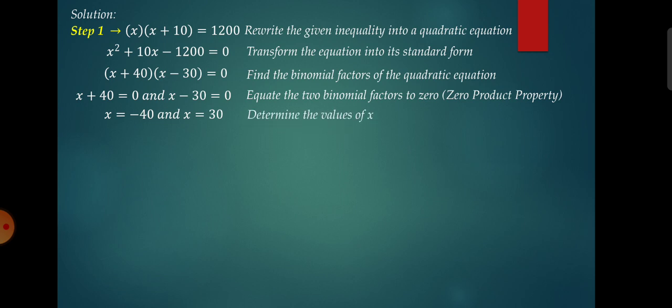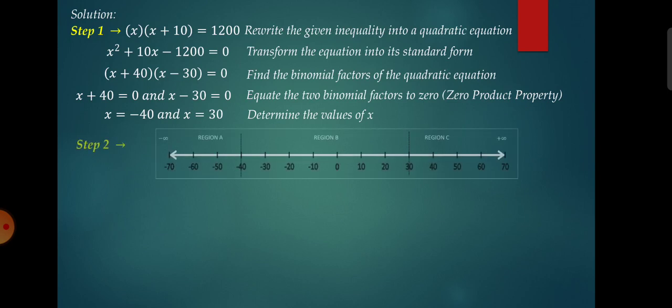Transfer the plus 40 to the right side, it becomes negative 40. The x minus 30, the minus 30 is transferred to the right side, becomes positive 30. Equate the two binomials to values of x. So we have there two values of x, negative 40 or positive 30.